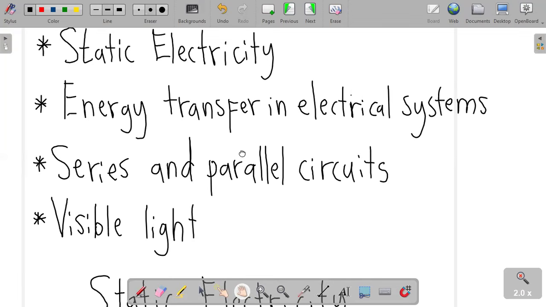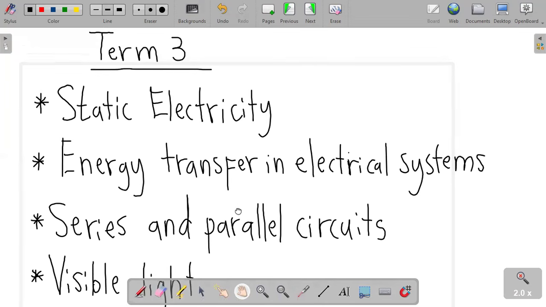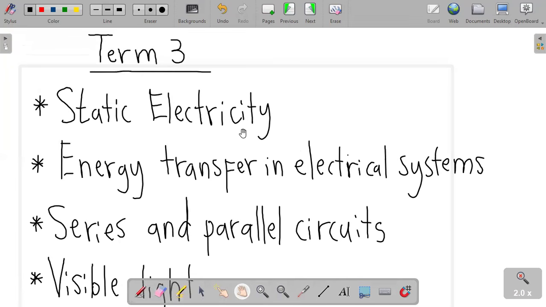These are the 4 topics that will be our focus for term 3.